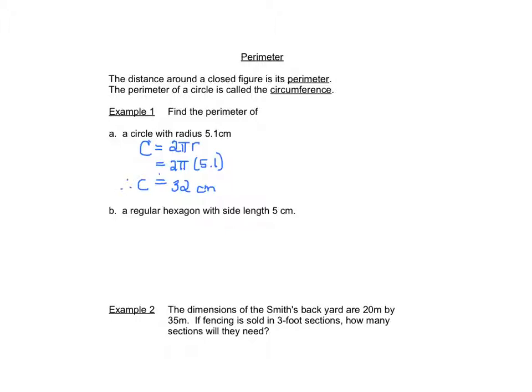The next example asks us to find the perimeter of a regular hexagon with a side length of 5 centimeters. Just in case you're not sure what that means, a regular polygon of any sort has sides which are all the same length.